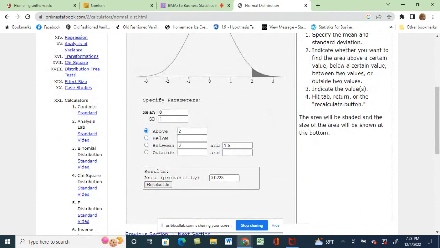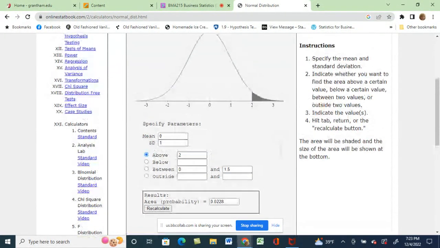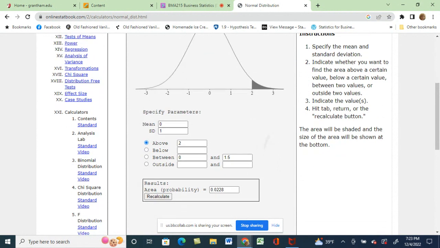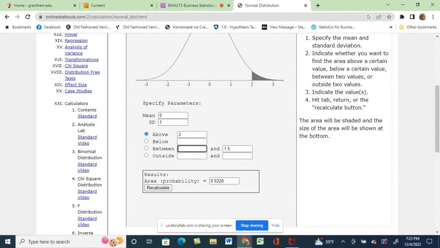So again, the probability that your data is above 2 is only 2.28%. In this problem right here, that shaded area is only 2.28% of the data lies over there. That's not very much, but that's what this shows.